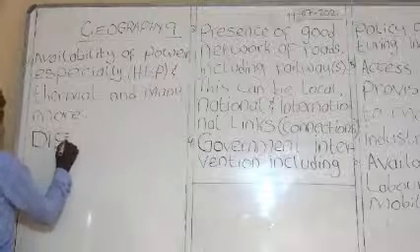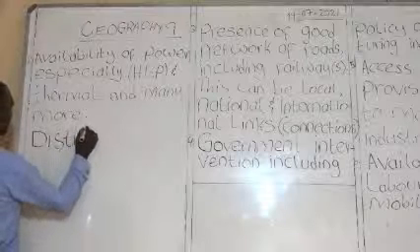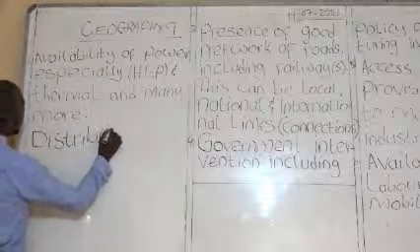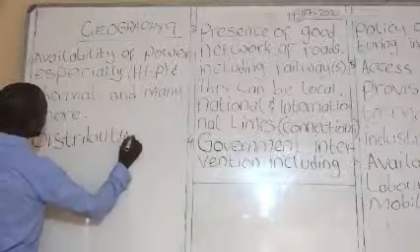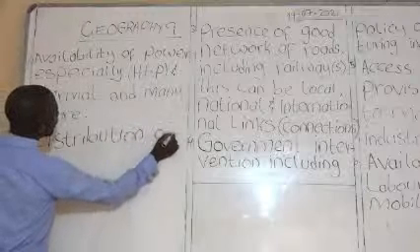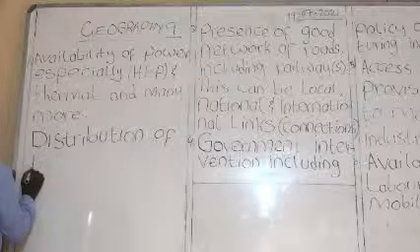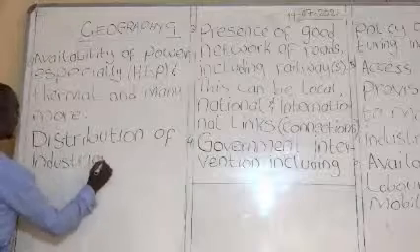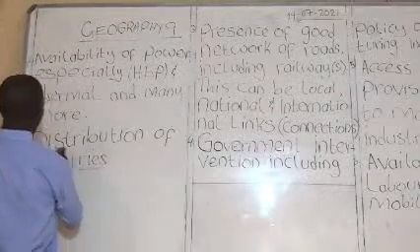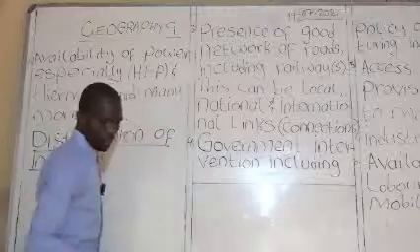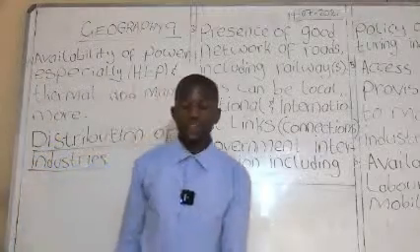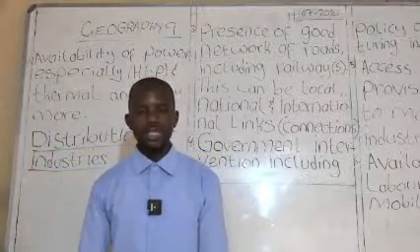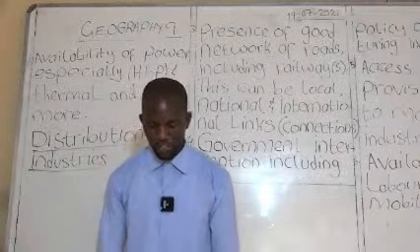So, distribution of industries. Number one, most industries are located on the Copper Belt province.